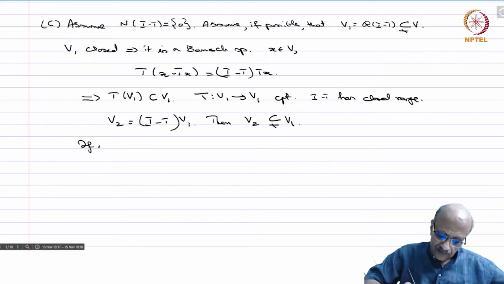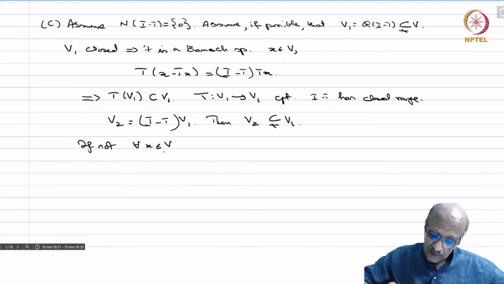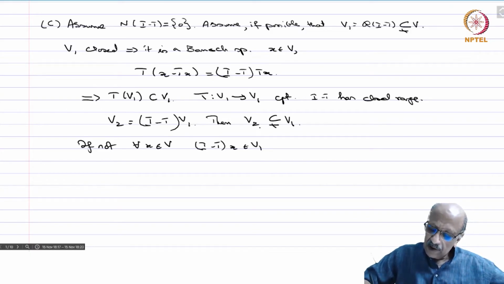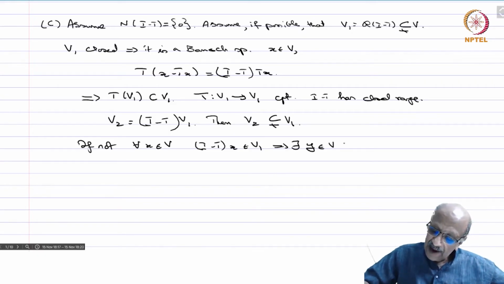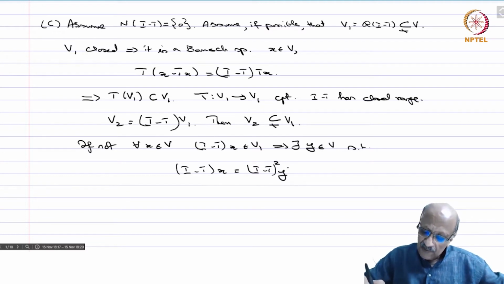If not, for every x in V, (I minus T)x belongs to V1, and if you assume that V1 is equal to V2, there exists a y in V such that (I minus T) of x equals (I minus T) squared of y, because (I minus T) of x is in V1, it should be in V2, and V2 is nothing but (I minus T) squared of y.